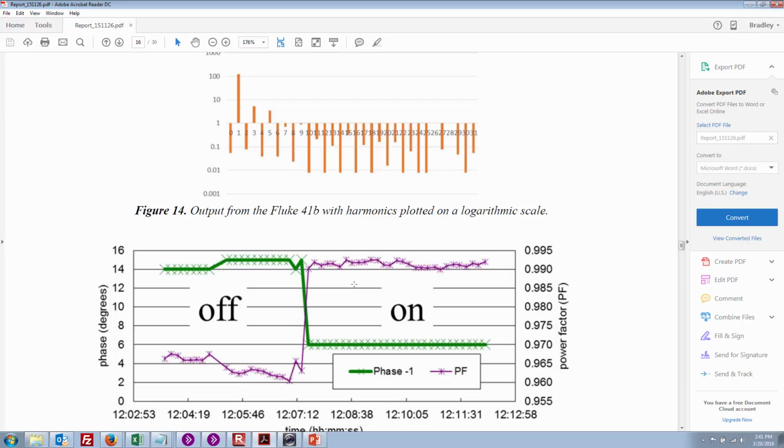You can see that before the power factor corrector came on, my power factor was down around 0.96. Once I flicked it on, it improved closer to 1. And my phase, which was relatively out of phase at 14 degrees, came much closer to 0. Well, it got down to 6.